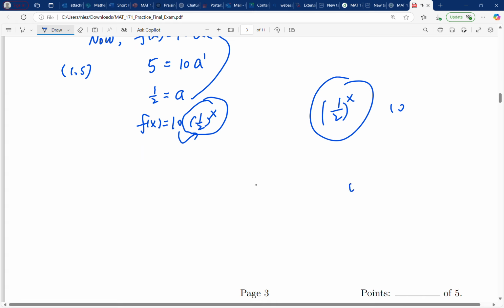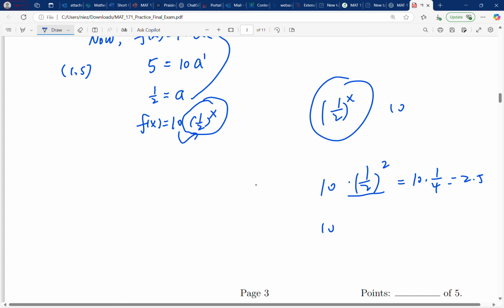For example, if we use 1/2, we let x equal to 2. You need to calculate this first. It's 1/4, right? So 10 times 1/4 equals what? 10/4, 5/2, or 2.5.